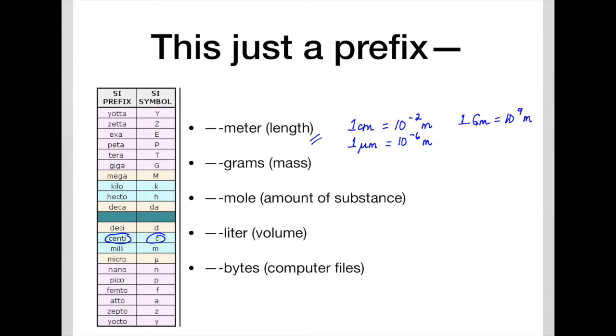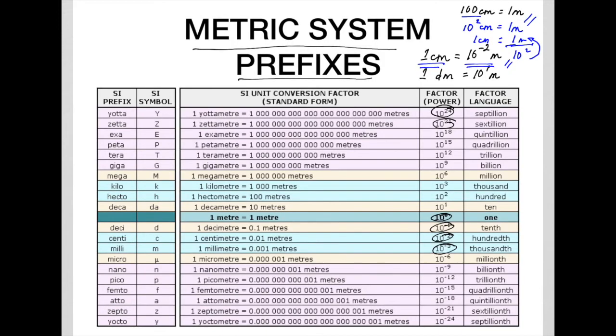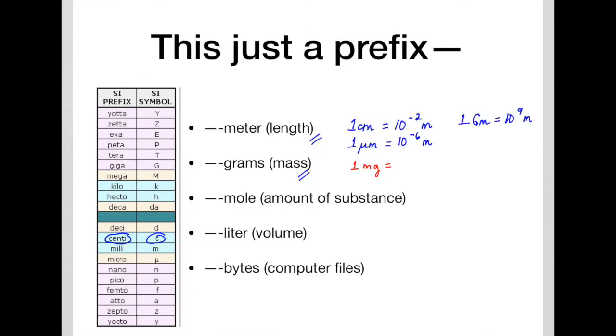Now, what if I'm going to use mass? Let's say, for example, 1 milligram. Since we are using milli, let's go back again. Milli here is 10 raised to negative 3. So 1 milligram is 10 raised to negative 3 grams.